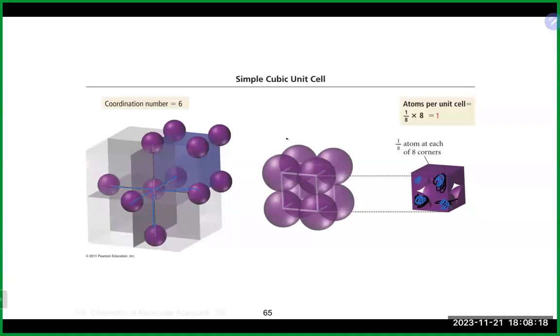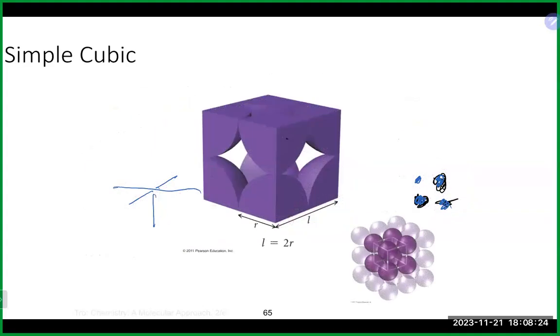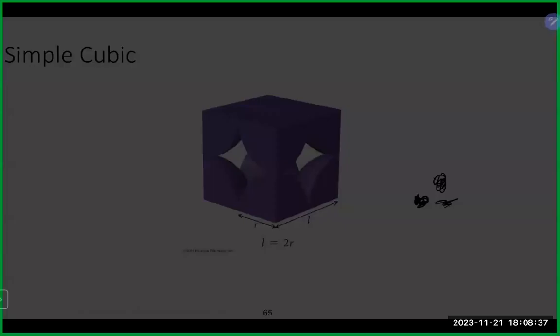To calculate the length of this edge, it is 2 times the radius. And again, here's sort of a 3-dimensional cutout of what we got going on. And that's our eighth of an atom again in each of those corners as they come together.